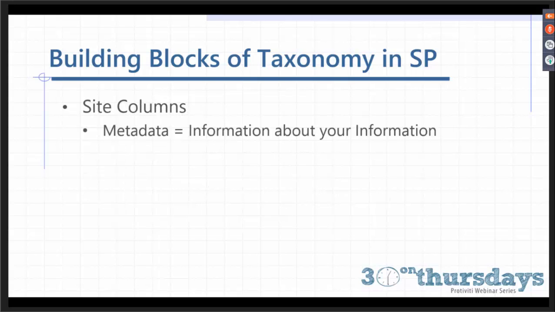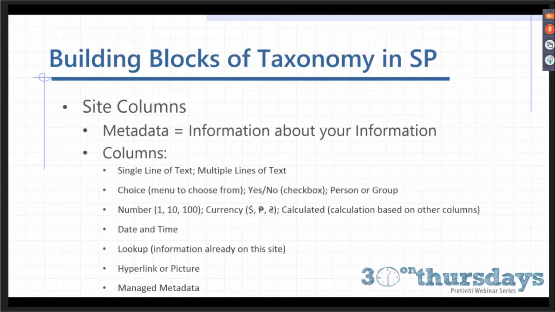So for site columns, again, this is the most granular level of metadata. This is information about your information. It's how you would describe your content. There are several categories of columns when you go to create a new site column. The most common ones are the text ones, whether it's single line or multiple lines of text. Choice, yes or no, which is more or less a kind of switch, or a people picker.